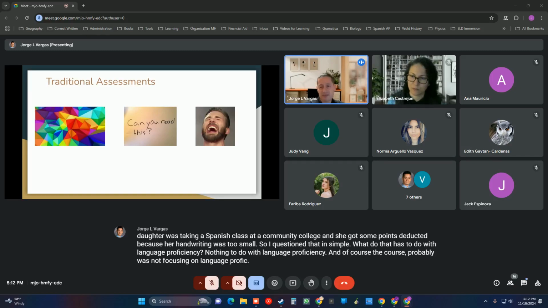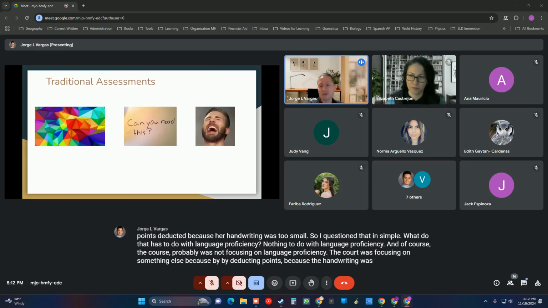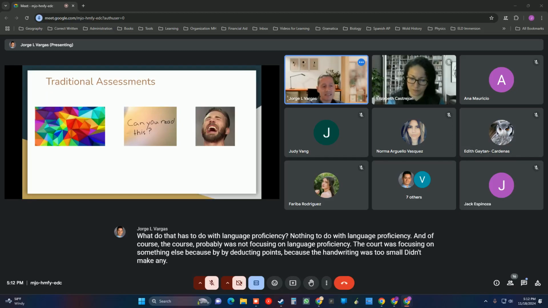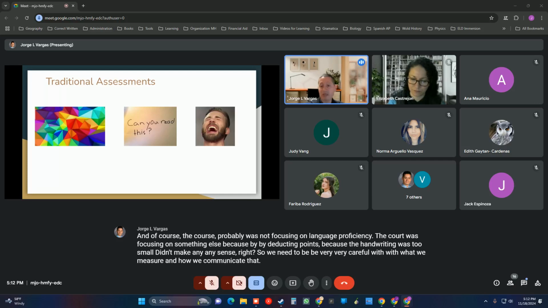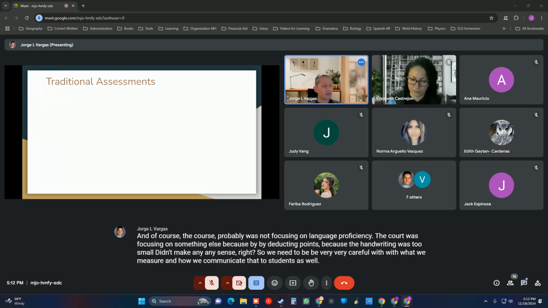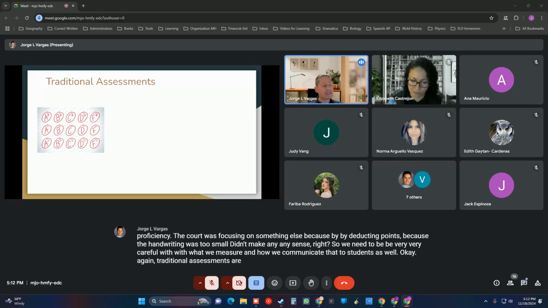Again, traditional assessments are letter grades, right? Sometimes we provide our students with an F, a D, a C, a B, an A, maybe a C minus, B minus, B plus, and we provide these letters, these grades, but many times they do not have a meaning for our students.